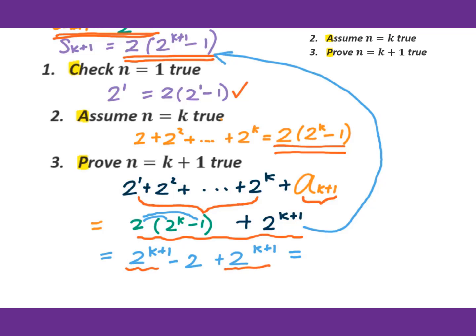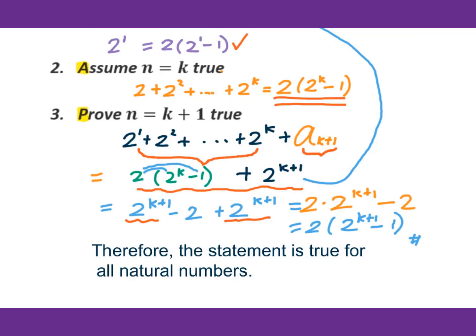You will get 2 times 2 to the k plus 1's power, and then minus 2. Since we have 2 over here, I take a 2 outside. I got 2 to the k plus 1's power minus 1. Then we finish proving. And you could see the statement is true for all natural numbers n.